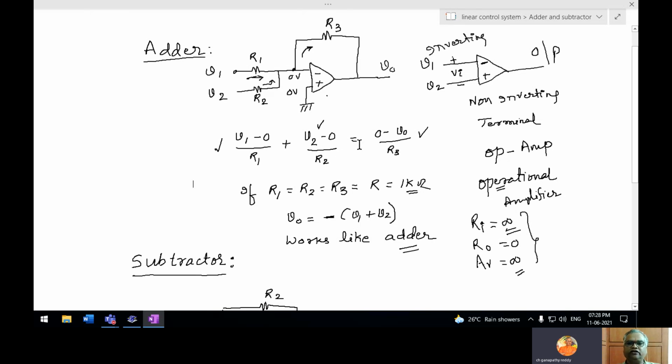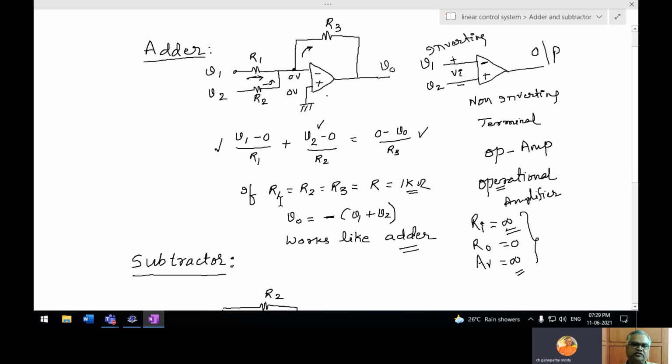Sum of the currents entering equals sum of the currents leaving. You can't ignore nodal and mesh analysis, which you study in networks, used in PDC, pulse and digital circuits. In this equation, if R1 equals R2 equals R3 equals R, which is 1 kilo ohm, then V0 becomes minus of (V1 plus V2). So V1 plus V2 is added with a negative sign because it is inverting mode. So it works like an adder.